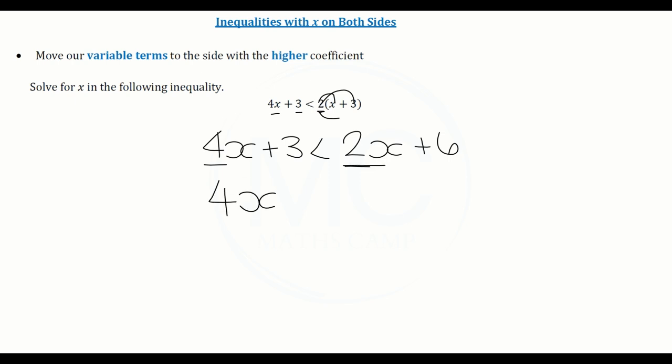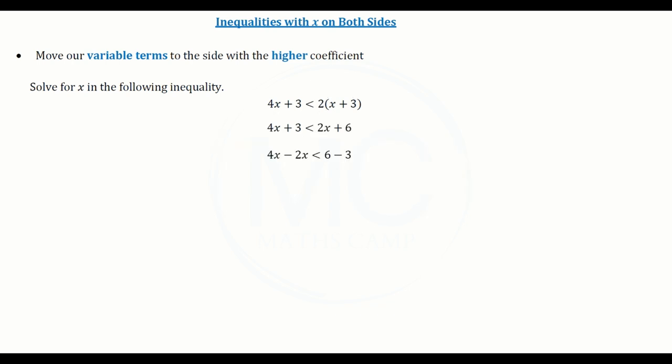Let's move this 2x across, and we get negative 2x is smaller than. On the right, we already have 6, so we can say 6 over here. We're going to move this 3 across, and we say minus 3. Now on the left, 4x minus 2x is 2x, is smaller than 6 minus 3, which is 3.